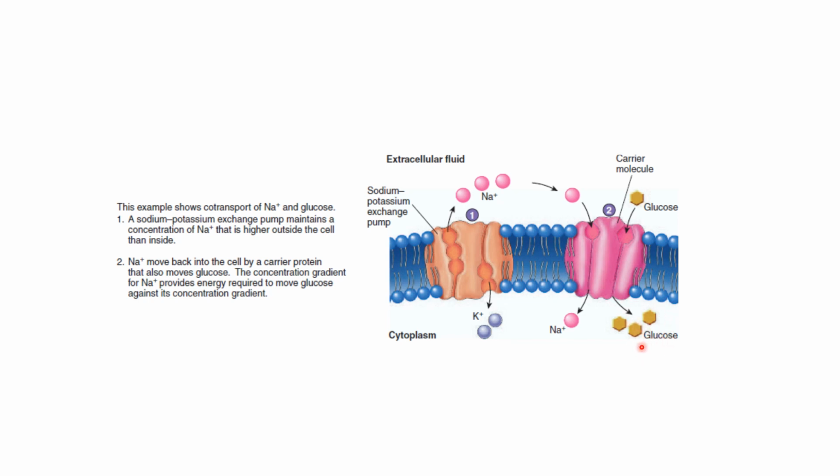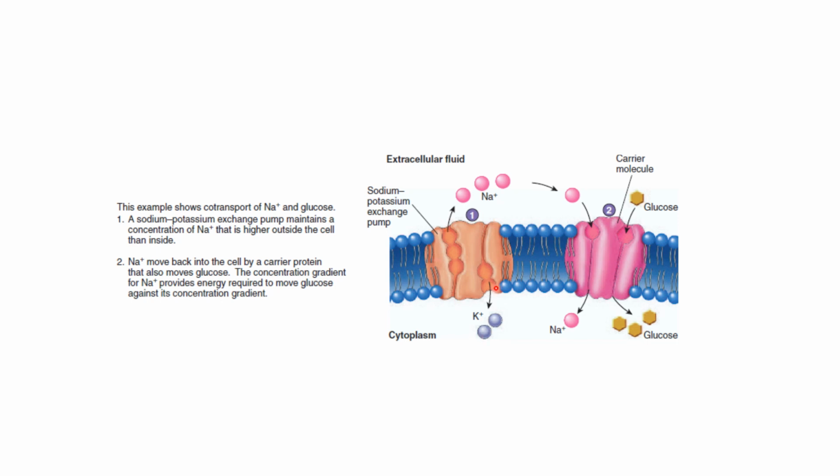Most of the antiporters and the symporters are linked with a pump, so they are not using energy directly but indirectly. So this sodium glucose symporter is linked with the sodium potassium pump in order to keep the concentration of sodium more outside. For example, if this transporter keeps on conducting sodium into the cell, after time, if there is no pump, sodium would become more inside the cell as compared to outside of the cell.